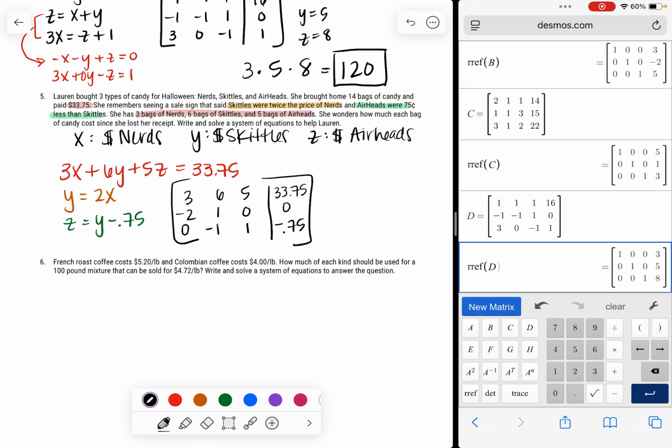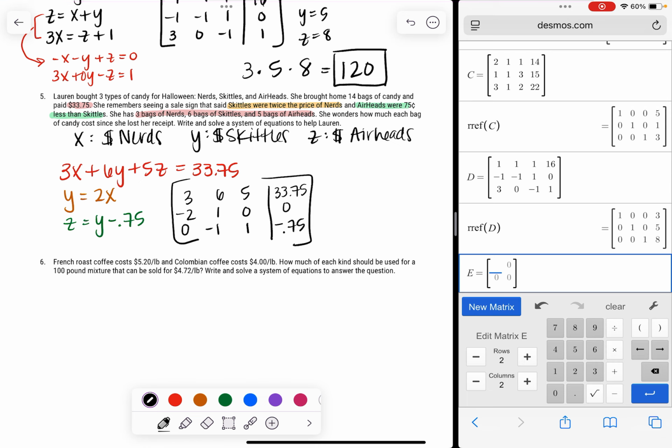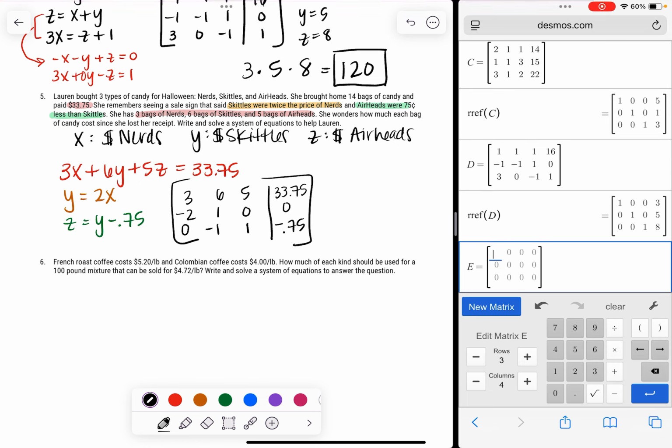And then I will go to E, new matrix, 3 rows, 4 columns, 3, 6, 5, 33.75, oops, 0.75. And then I'm going to have -2, 1, 0, 0, and 0, -1, positive 1, negative 0.75.